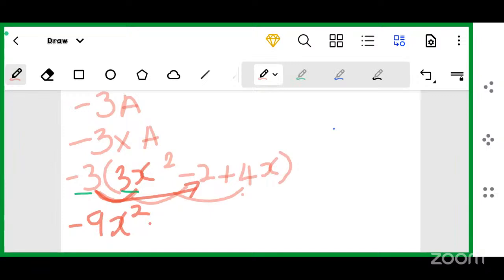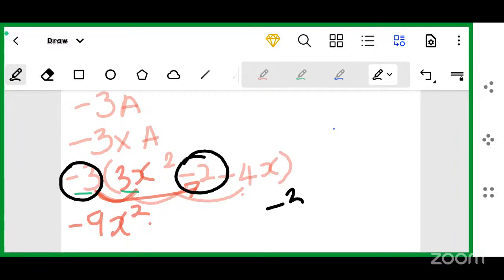Okay, you see the one that we're dealing with now? Yes. We're multiplying this and this one. It's just a 2. So it's more like -3 multiplied by -2. So what's gonna be your answer?